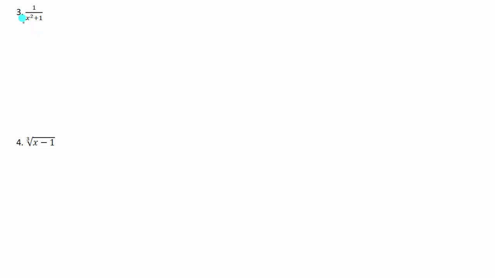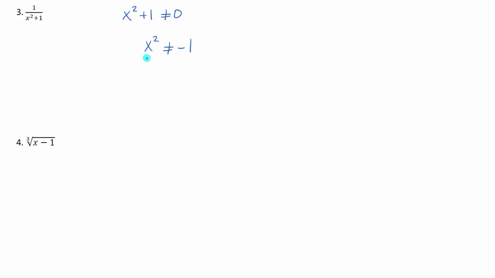On this next problem, again, I have x in the denominator. I know that the denominator cannot equal 0, so I'm going to state that here. The denominator cannot equal 0. And I try to solve this inequality. X squared cannot equal -1.